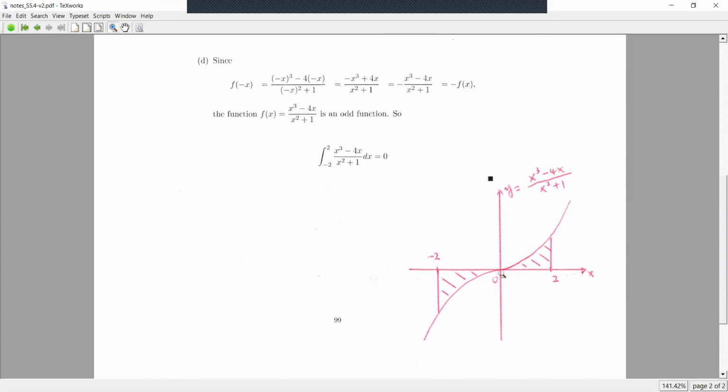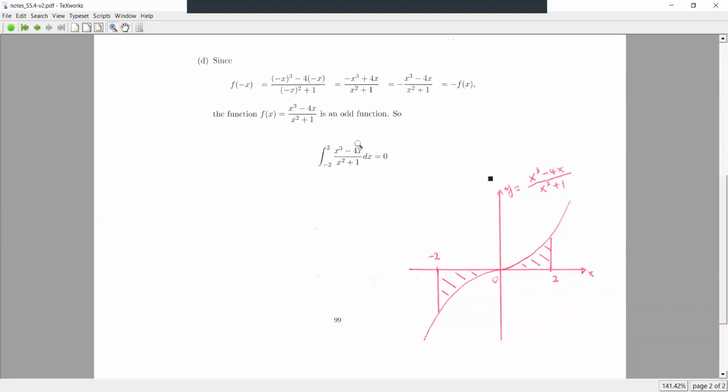Okay, now the integral from -2 to 2 is the net area of the shaded region here, between -2 and 2. Because the curve is symmetric about the origin, the area above is equal to the area below. Therefore, area above minus area below is 0. So this integral is 0.